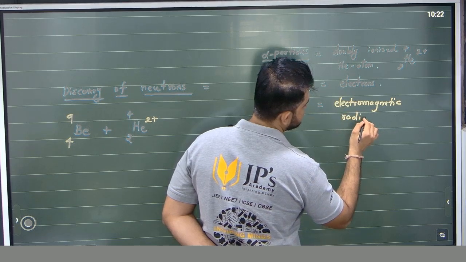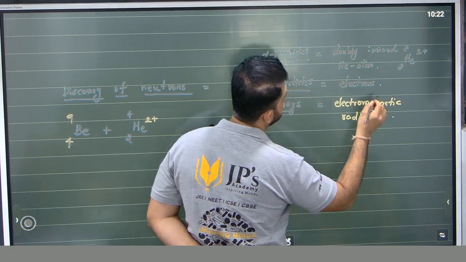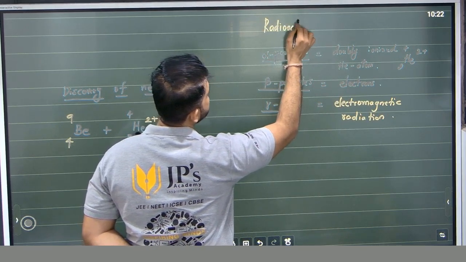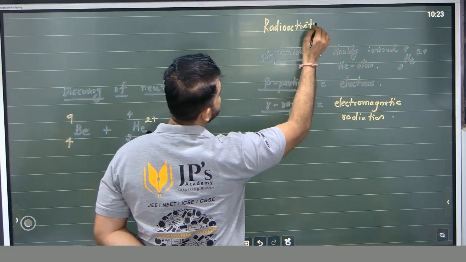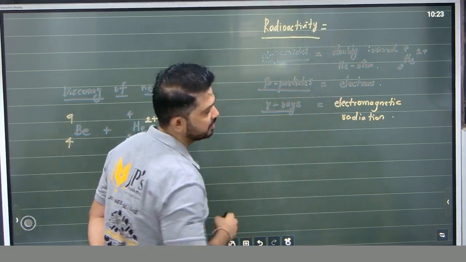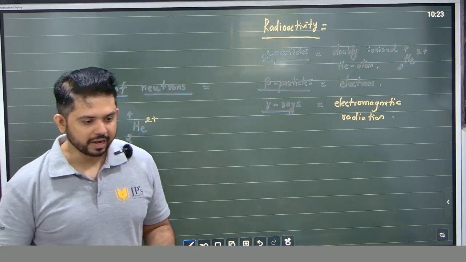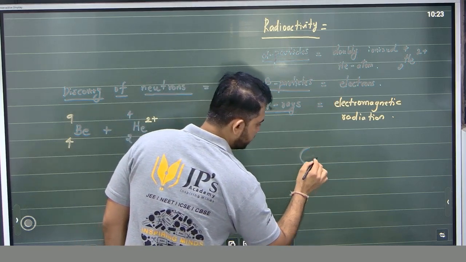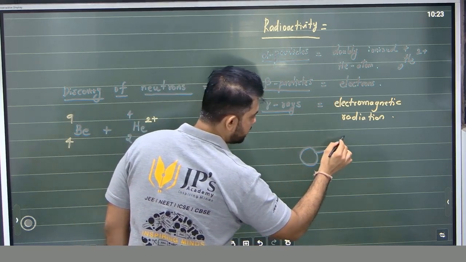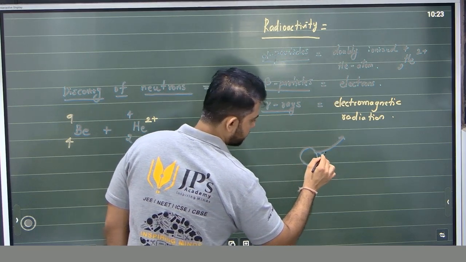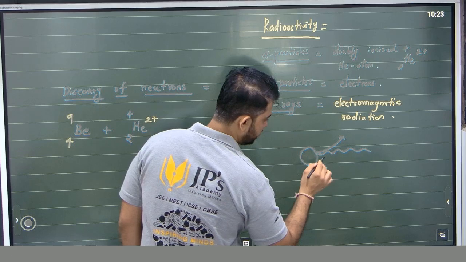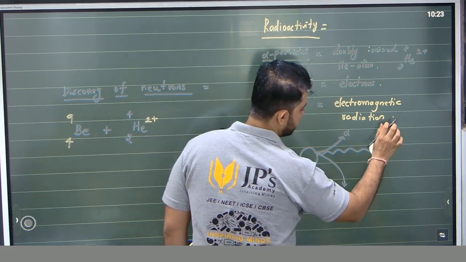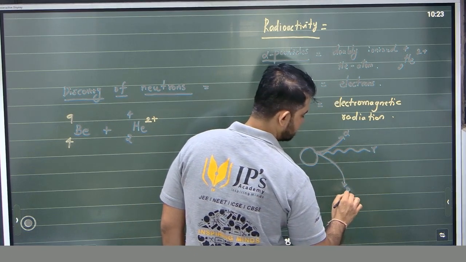Was all this in 10th standard under the topic of radioactivity from a radioactive nuclei? अगर आपके पास एक radioactive nuclei है, it releases these particles. I'm so sorry, 2 particles, and one of them is a wave. This is alpha, this is gamma, and this is beta.